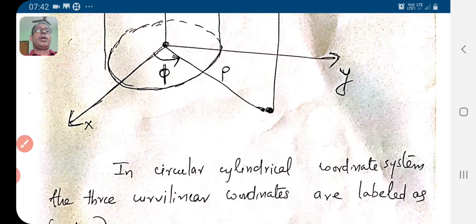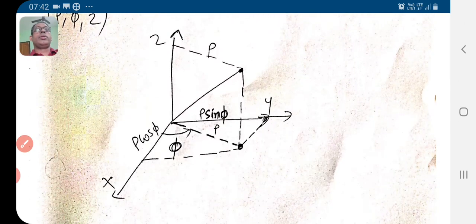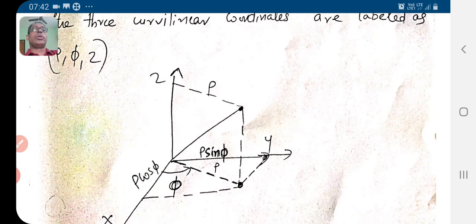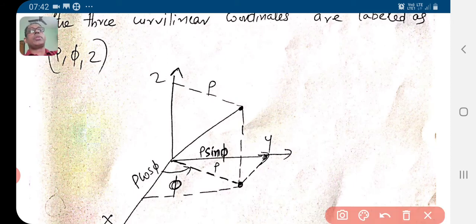Rho is the perpendicular distance to the point from the z-axis. So this is rho, the perpendicular distance, this angle is 90 degrees, and phi is the angle around from the x-axis to the projection.